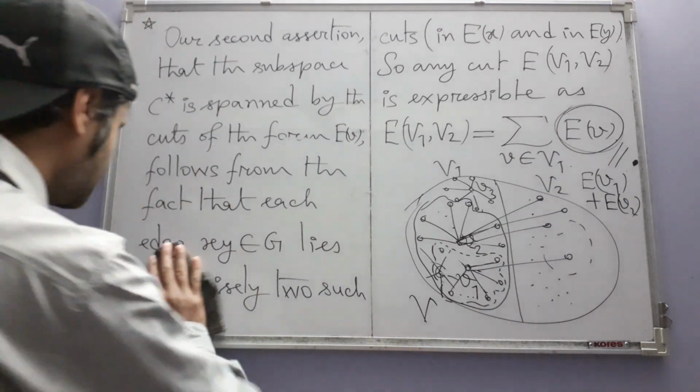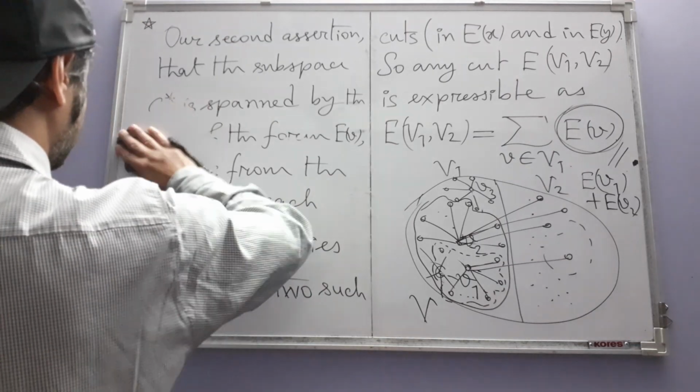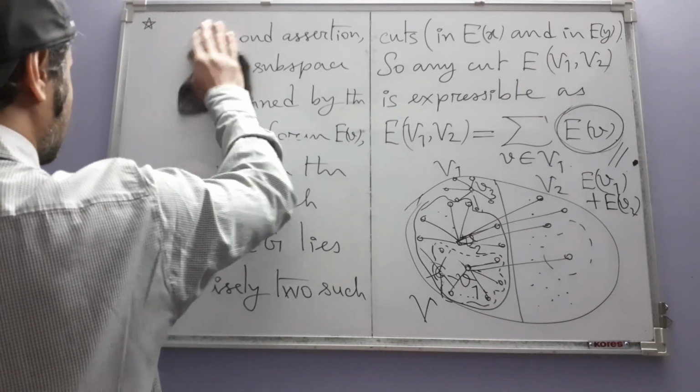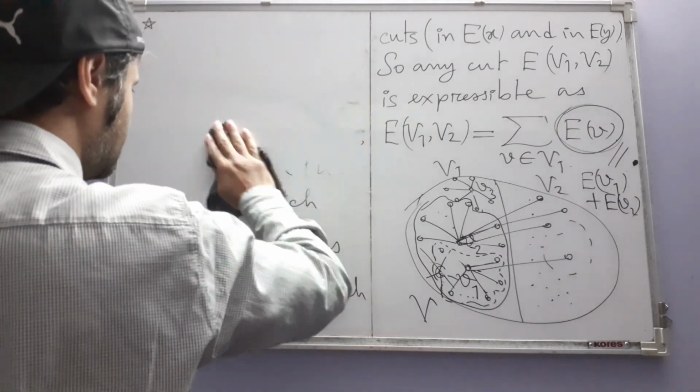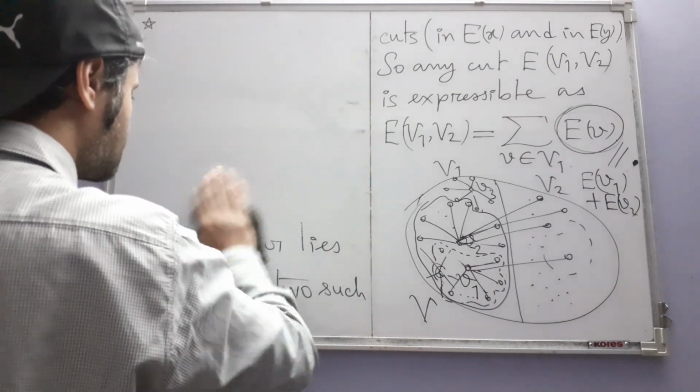Now this subspace C star has a name because it consists of cuts along with the empty set. Naturally, it's called the cut space.